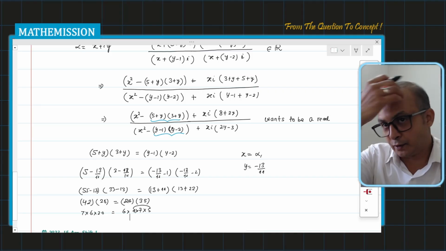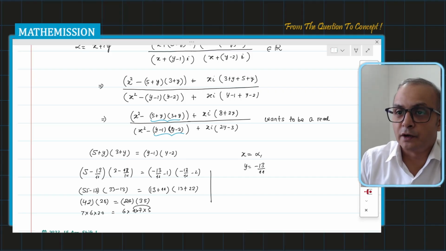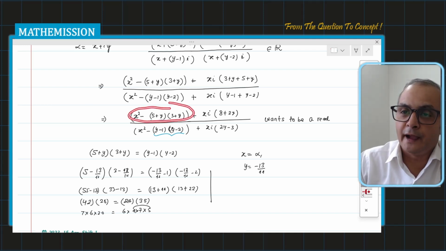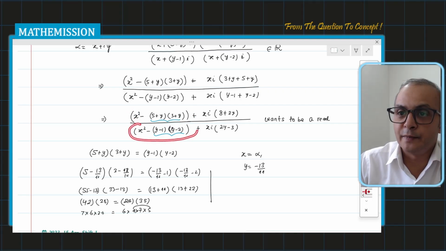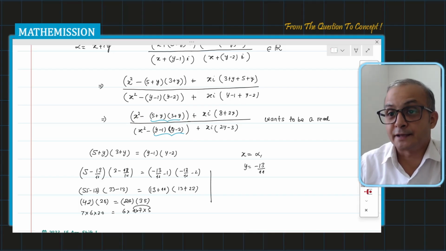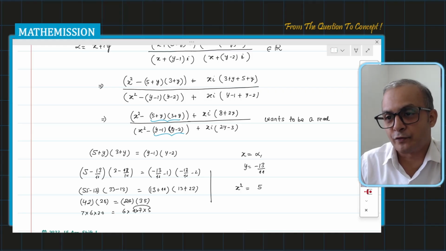For that, they're equal. It means our plan to make this real works when these two quantities are equal. And if two quantities are equal, it means x square is equal to this thing, which is equal to 0. It means x square minus this thing is equal to 0. It means x square is equal to 5 plus y into 3 plus y.